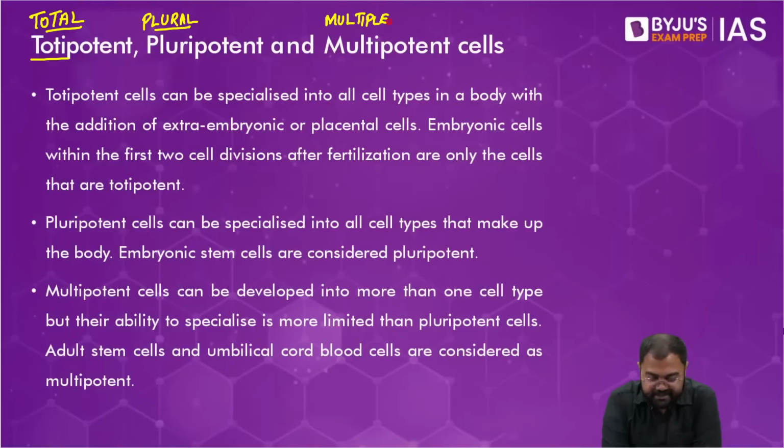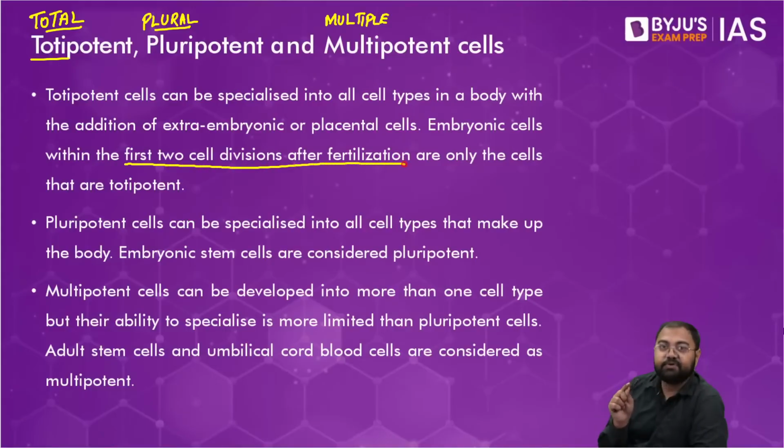Totipotent cells are the cells that have the capability to specialize into any cell without exception. Now, these totipotent cells are very special and very rare. They can only be derived within the first two cell division cycles after fertilization.